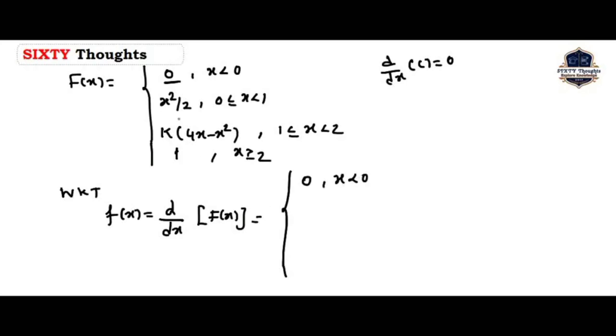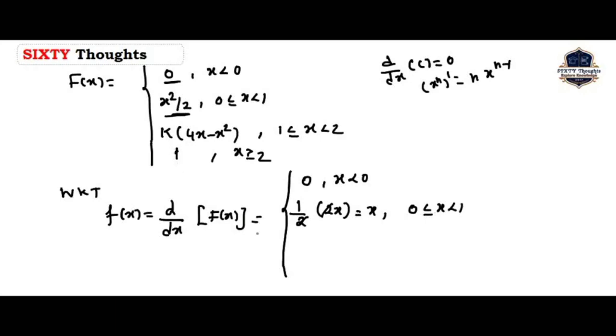Coming to the second function, what is the differentiation of x power n? It is n into x power n minus 1. Here 1 by 2 is a constant, so we take 1 by 2 outside, into the differentiation of x square, which is 2x. The 2s cancel, and we get only x, for 0 less than or equal to x less than 1.